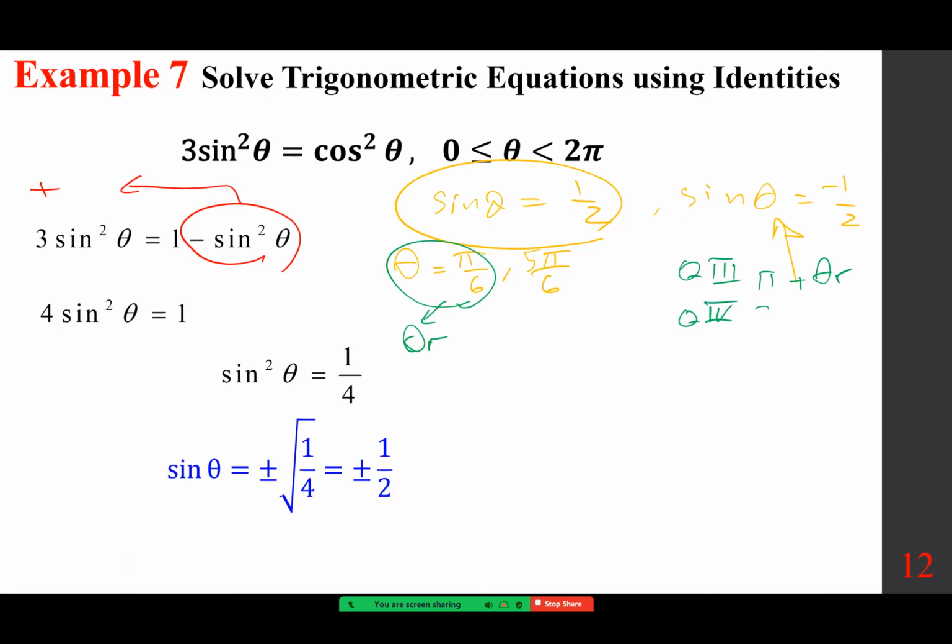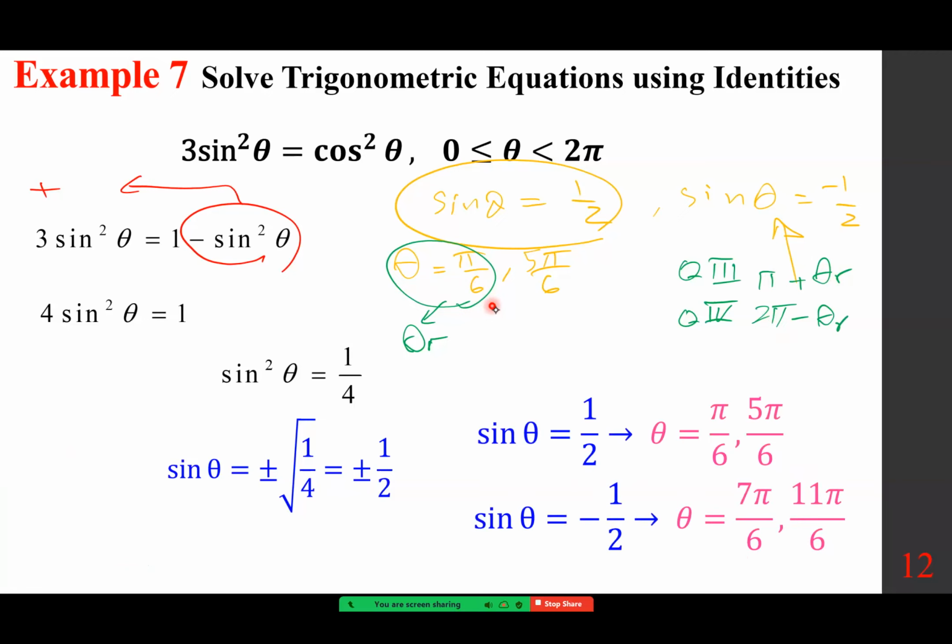In the fourth quadrant, 2 pi minus the reference arc. Therefore, pi plus pi over 6 is 7 pi over 6. 2 pi minus pi over 6 is 11 pi over 6. And you get those 4 answers.